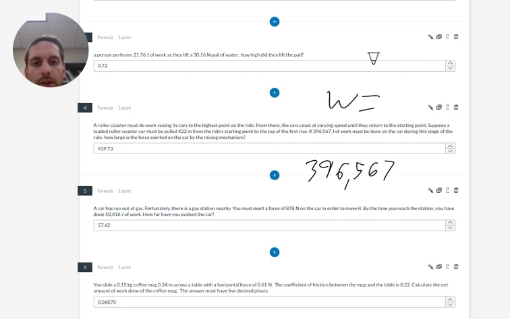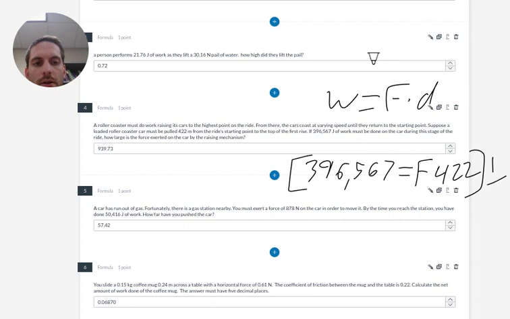Work equals force times distance again. There's our distance, 422. Divide both sides by 422. And we should be able to get what our force is.